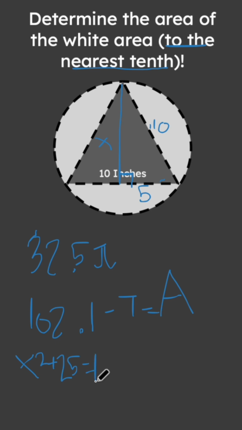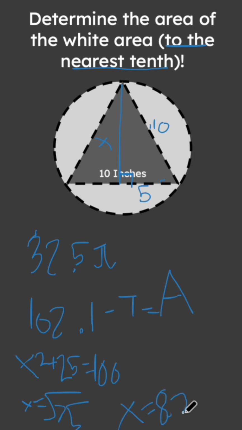And so we know that x equals root 75, which is really just, in my calculator, 8.7. So x is 8.7.